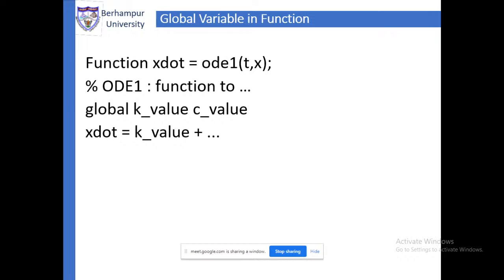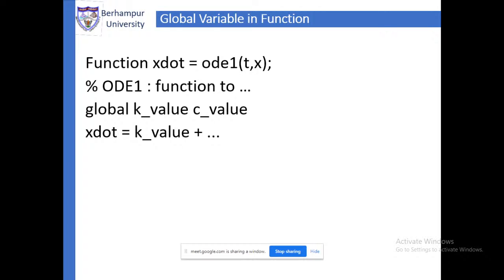When the function ODE1 is called, it will return xdot, but it will retain the k value. So after calling the function, if you go to the command window and write k value, it will give the k value that has been evaluated within the function.